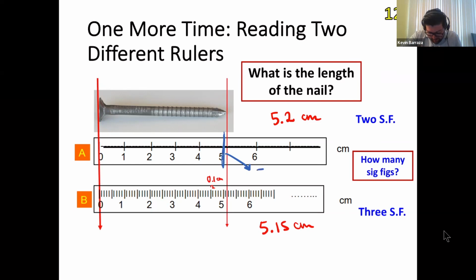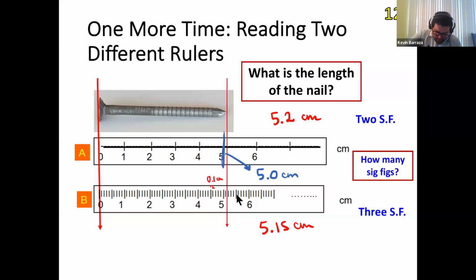Yeah, 5.0 centimeters. This is another kind of trickiness because it seems like, oh, do I need to put the 0? Well, hopefully I've conveyed that zeros can be very important information sometimes. And this ruler can go to 1 decimal place. So if it were right on the line, it would be 5.0.